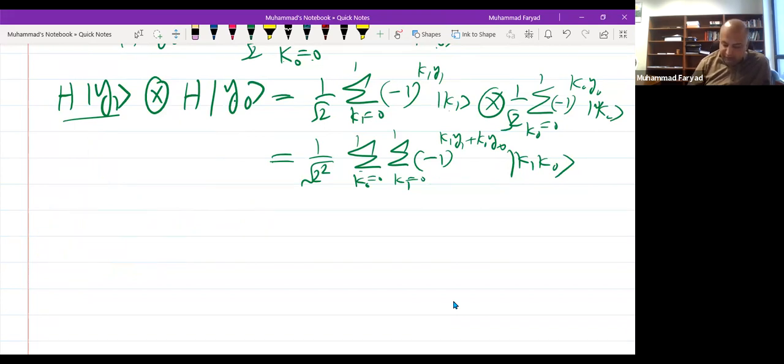Okay, by the way, you can write it again in a bit more condensed form. This capital N is 2 power 2, and instead of putting two sums over k0 and k1, I can define a quantity k, which is now going from 0 to actually 3 in this case, because there are a total of 4 terms. When k is 0, it means k0 is 0, k1 is 0. When k is 1, it means k0 is 1, k1 is 0.